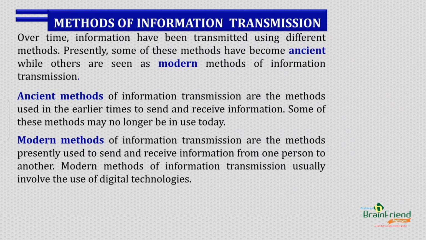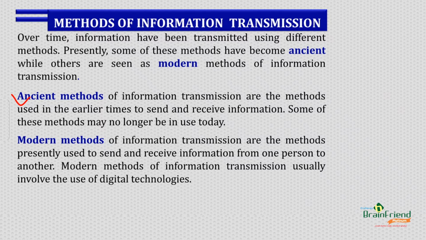Over time, different methods have been used to transmit information, and these methods are classified as ancient methods and modern methods. Each of these methods have specific tools that are used. Ancient methods of information transmission are the early methods used for transmitting information.